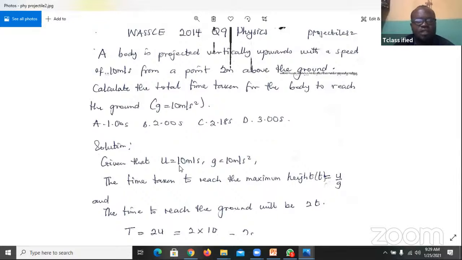Okay, given initial velocity U equal to 10, g equal to 10 meters per second squared, the time taken to reach the maximum height is simply equal to U over g. And the time to reach the ground is simply equal to 2 times the time to reach the maximum height.